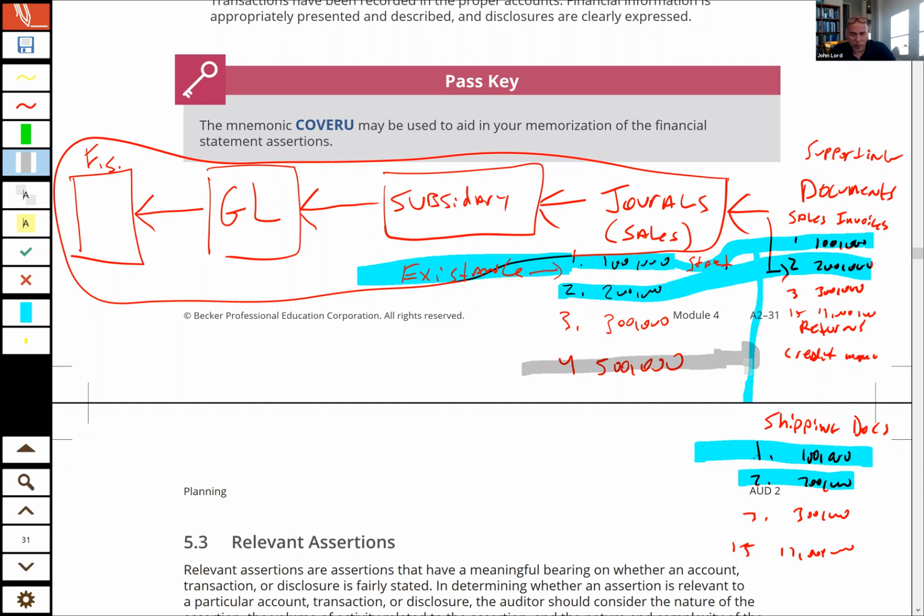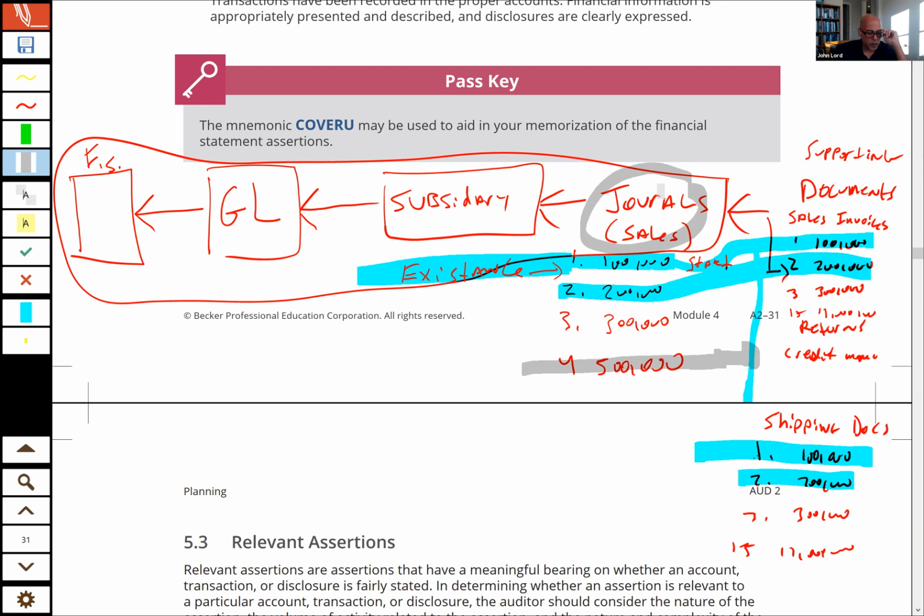He'd enter something in the sales journal and he never shipped the goods or there was no invoice for it. So did we find a misstatement? Yes. We found a misstatement by testing for the assertion. They call this directional testing. When you go from the accounting records, which is the sales journal, to the supporting documentation, the blue here, you just tested the existence assertion.